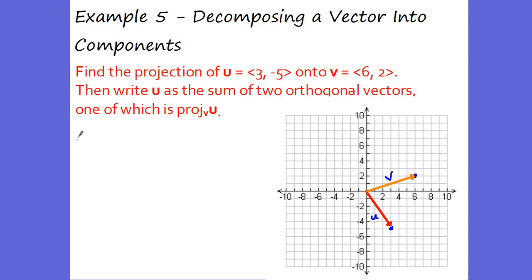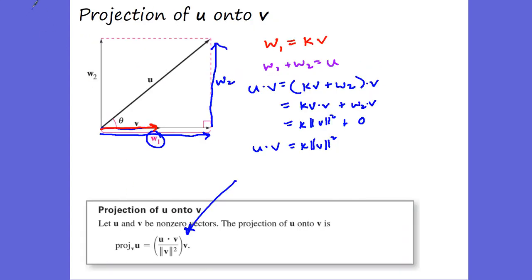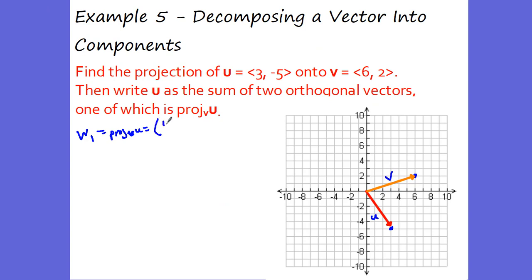And so w1 equals the projection of u onto v. According to my equation right there, I have u dot v over the magnitude of v squared times the vector v. Let's take a look at each one of these things. Let's first do u dot v. I have 3 times 6, that's 18, plus negative 5 times 2, that's negative 10.